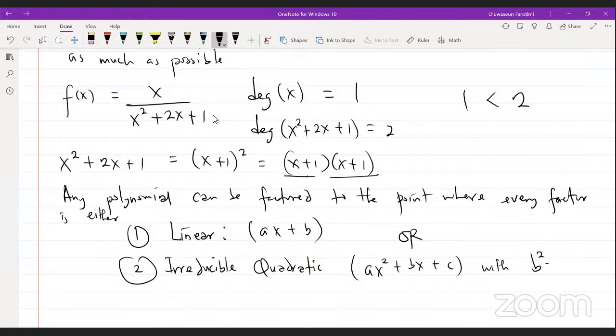Do you guys remember discriminants? I guess some of you are like, oh my god, it's been a long time. I get it. So whenever you factor a polynomial, you get to the point where every factor is either linear or an irreducible quadratic. I'll give you an example, guys.